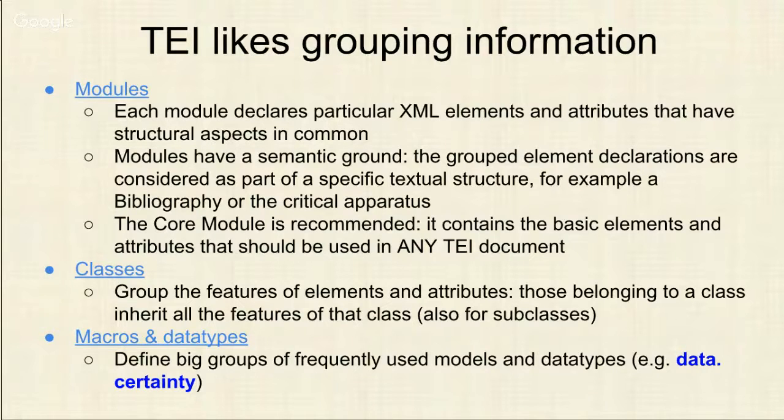Essentially, these structural aspects are taken from a semantic ground, which means that the elements that belong to the same module are considered part of a specific description structure. For example, if you have a bibliography, or the critical apparatus, or the dictionary as well, these modules group all the element declarations and attribute declarations that are considered, as comprehensively as possible, useful for describing those types of things.